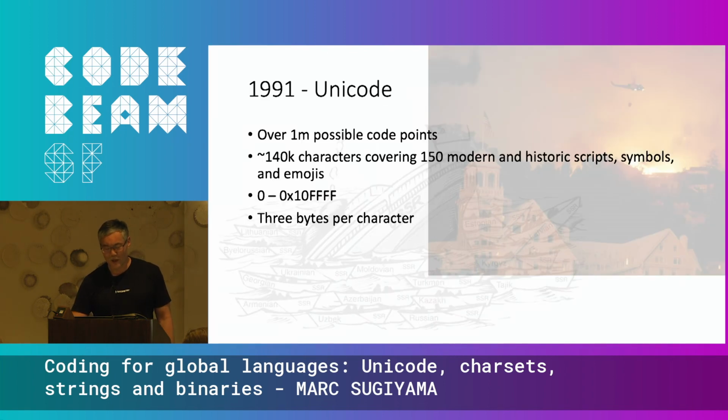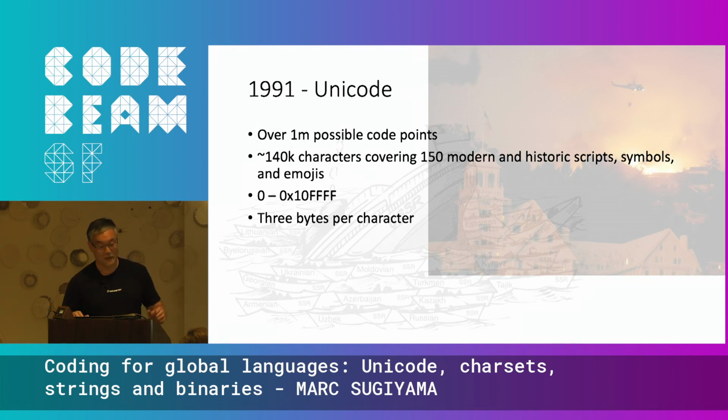Not too long after Latin 1 came around, a group of people, I think it was in Berkeley, said, let's do something a little bit smarter, and introduced something called Unicode. So Unicode is a 24-bit system, right? Each character is represented by 24 bits, so now you've got over 1 million possible code points.